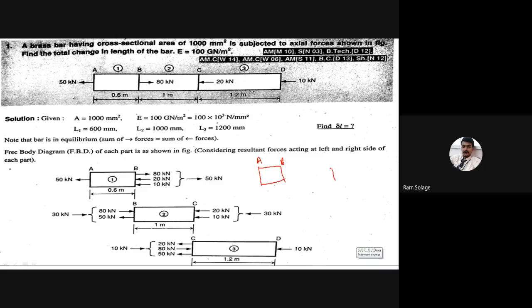Second, first of all I will just draw a block. This is BC, and the third section is the CD section. All students please concentrate. This is a very important problem. This is section 1, section 2 and section 3.